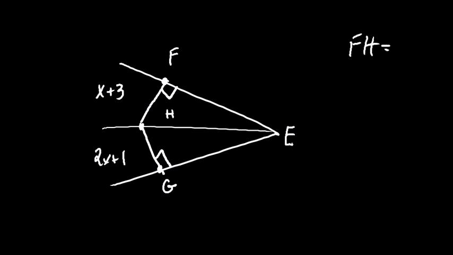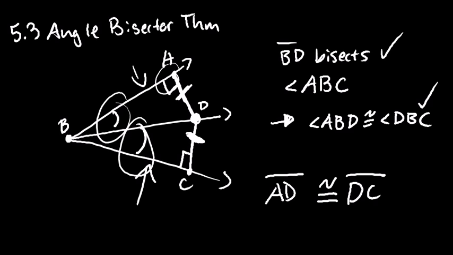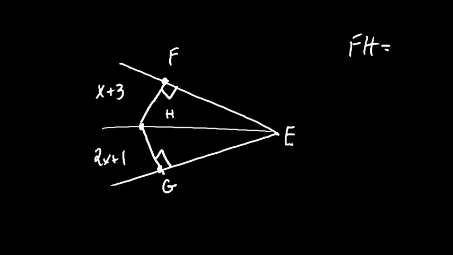Okay, so let's go ahead and try one of the checkpoints. So for the first checkpoint, I am going to use my knowledge from theorem 5.3. So I'm looking, do I have an angle bisector? Okay, well, the picture actually gives me those congruent angles there.